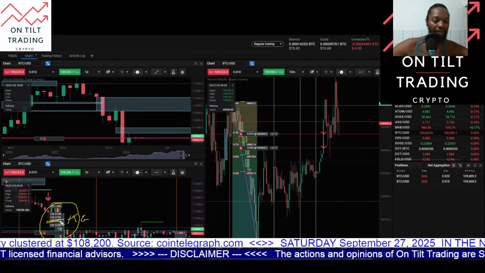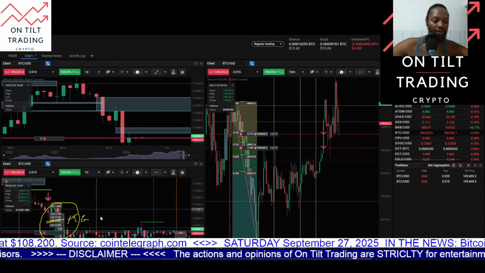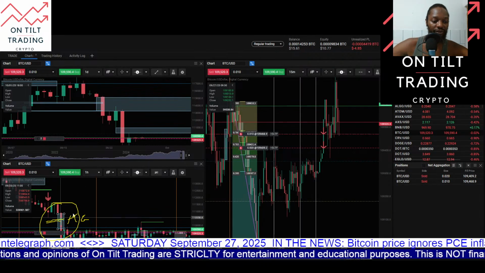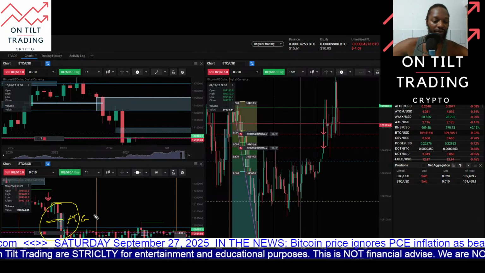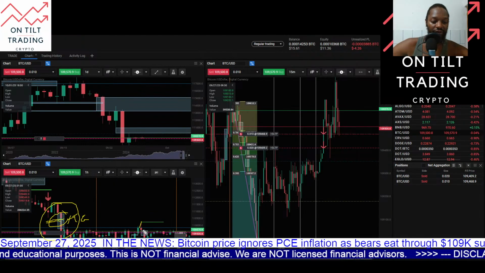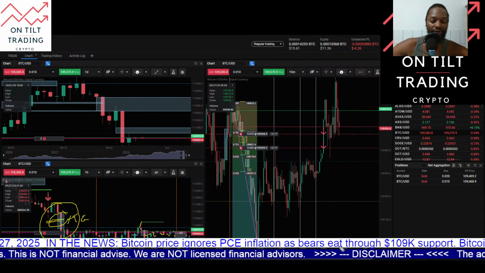There's a fair value gap here. I'll remove the Fibonacci retracement tool. Here is a fair value gap. And you can see price delivers into that fair value gap and then continues consolidating.